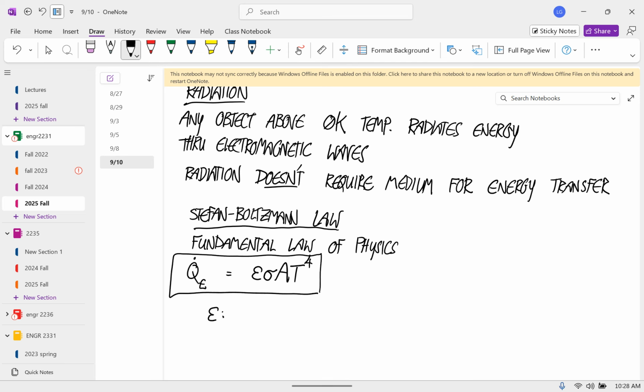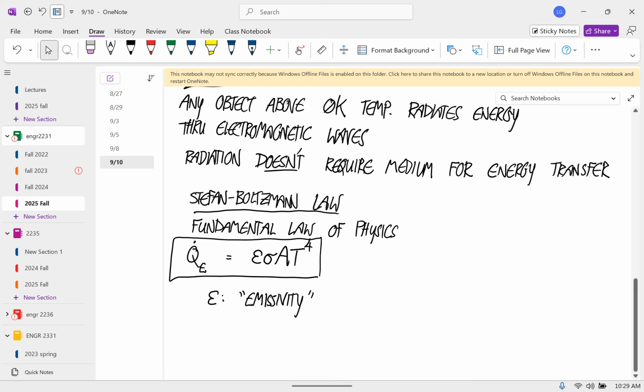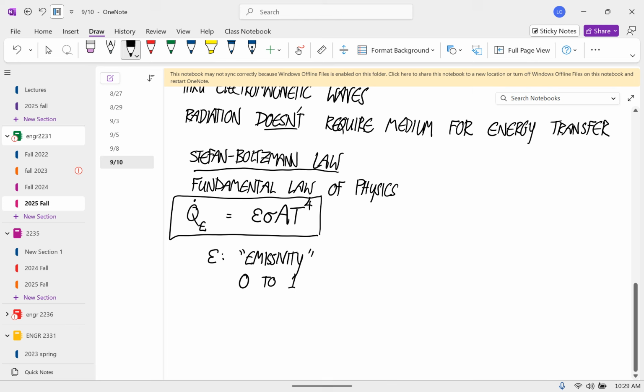where epsilon is called the emissivity. And that's just a pure number from 0 to 1. 1 is a perfect absorber, and 0 is a perfect reflector.